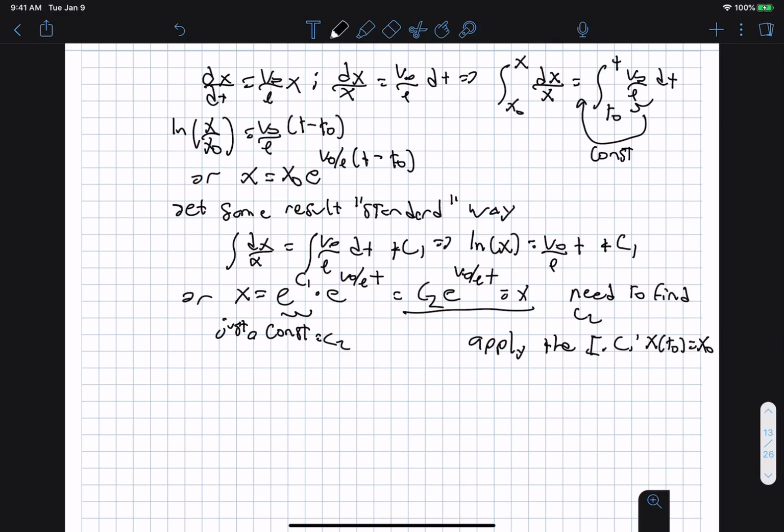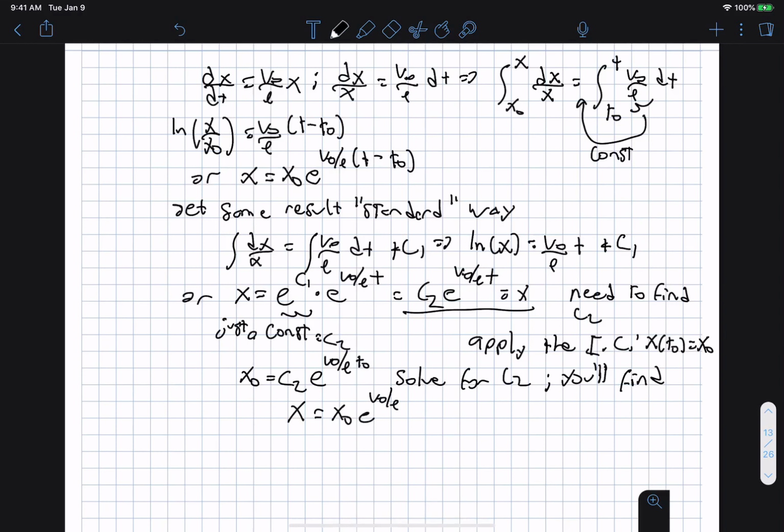Okay, and so if you go through the standard procedure where you have x naught equals c2 e to the v naught over L times t naught and solve for c2, you'll find that x equals x naught e to the v naught over L times t minus t naught.